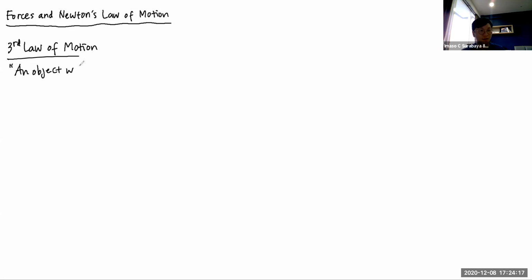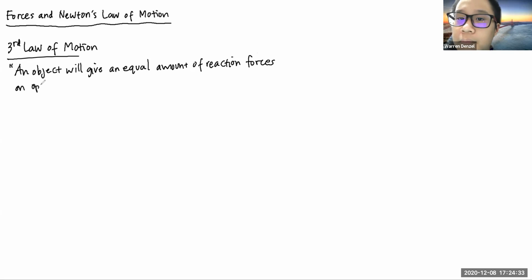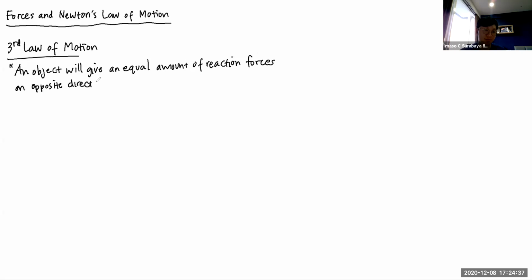An object will give an equal amount of reaction force in the opposite direction if acted upon by a force F.